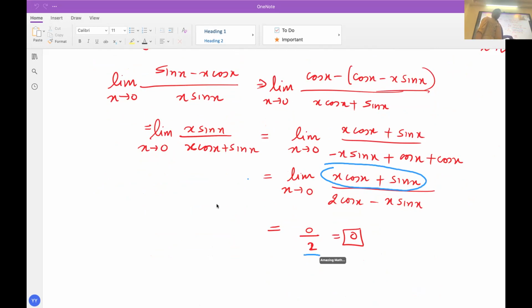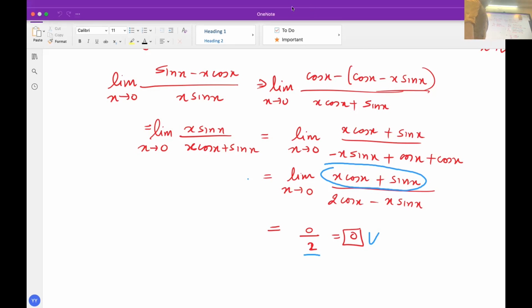So it's no more 0 by 0 or infinity by infinity format, and you have to stop there. This is basically a glimpse of L'Hopital rule, where you might have to do the derivative 2 or 3 times. If it's a 7-8 mark question, you might have to do it 2 or 3 times to get the desired answer. So this is about the L'Hopital rule. If you have any question, you can ask me.